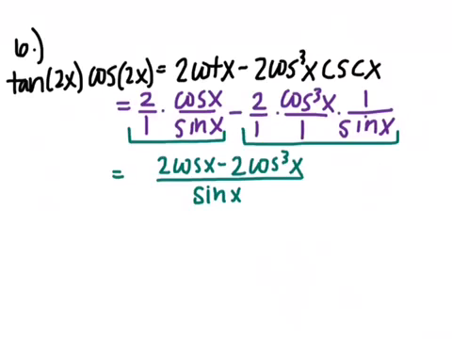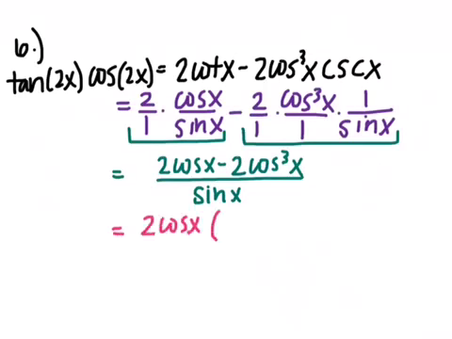And I know we talked through this when we were working with our more basic identities, but when you see a degree bigger than 2, you probably don't want to be thinking Pythagorean identities at that point. You want to be thinking factor. So if I look at the numerator there, I have 2 cosine x minus 2 cosine cubed. They have 2 cosine in common.